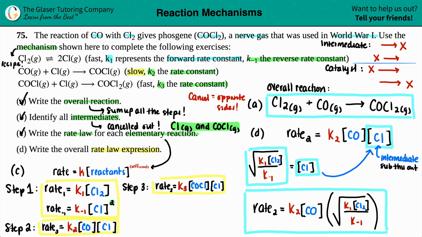And you could only sub it out by using the rate law of the step that's at equilibrium, the double arrow. Don't use the other one, because it also has another intermediate, so you couldn't use that one. But that is the end of the question.